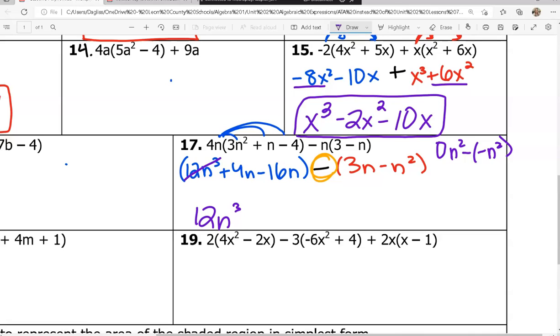If you have minus negative, hold on, that's like saying minus negative 1. If you have two subtraction signs, what does that turn into? So what is my n squared going to have in front of it? A plus. This becomes plus n squared.